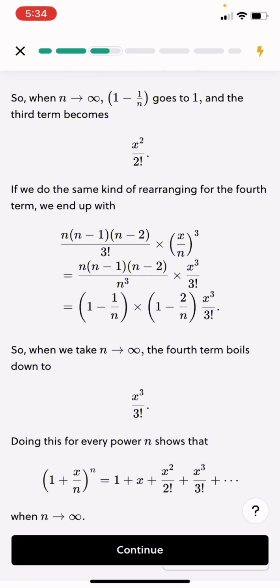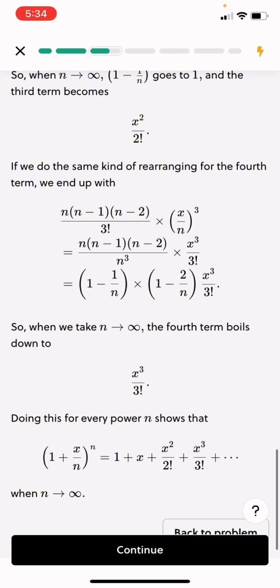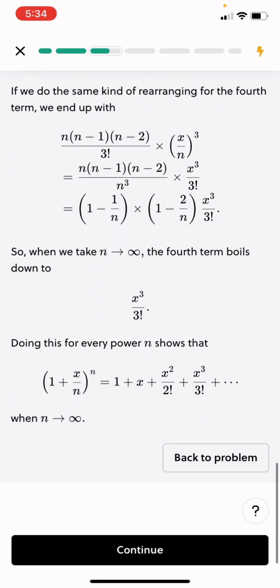And we can also see other equations, which are relatively the same, but you can write them in different ways. So when we take n to infinity, the fourth term boils down to x to the third over 3 factorial.